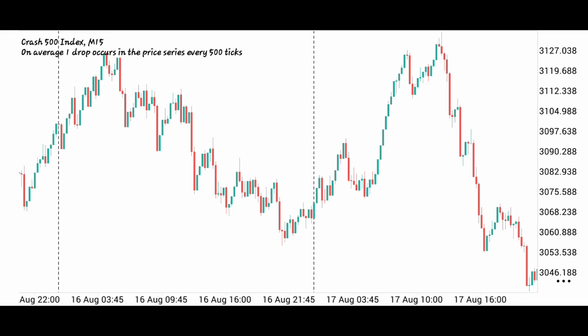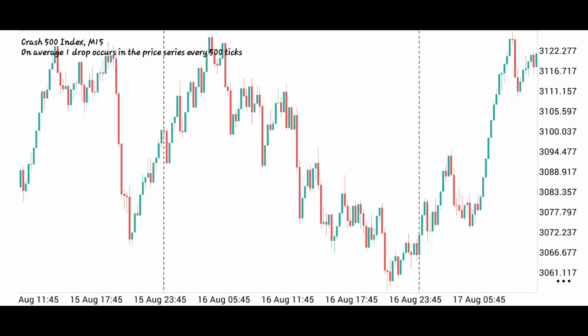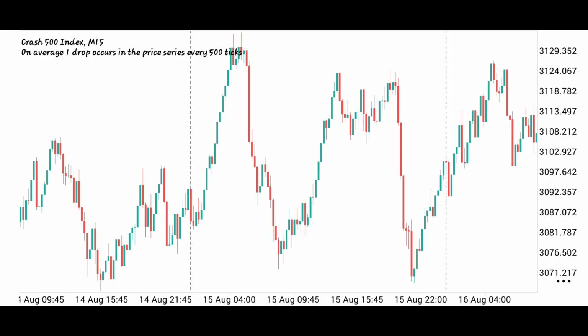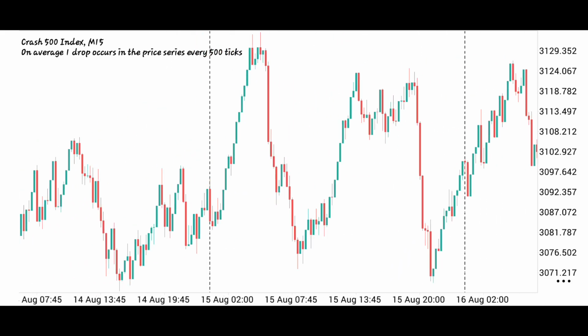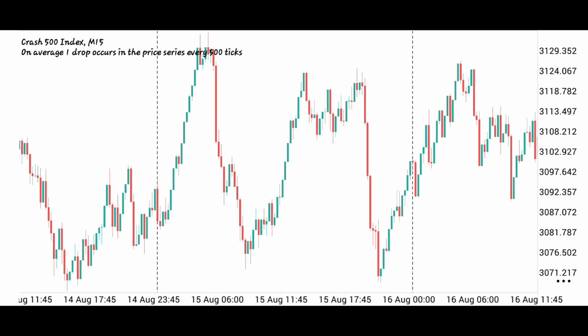ICT 2022 model on indices. So I'm going to show you that this works. What I want to show you is what happened on the 15th of August and the 16th.